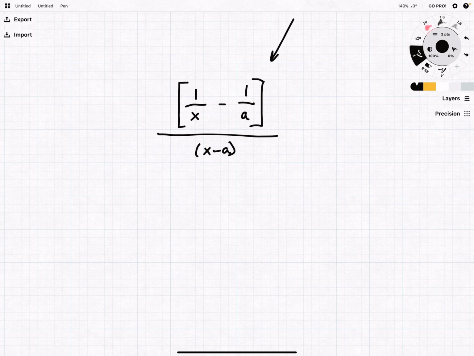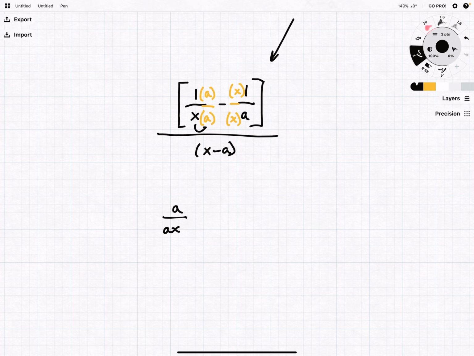Right now, maybe we could multiply this by a over a, because that's technically 1, so you're not breaking any rules. And let's multiply this by x over x, because again, you're not breaking any rules. So now we have a over ax.